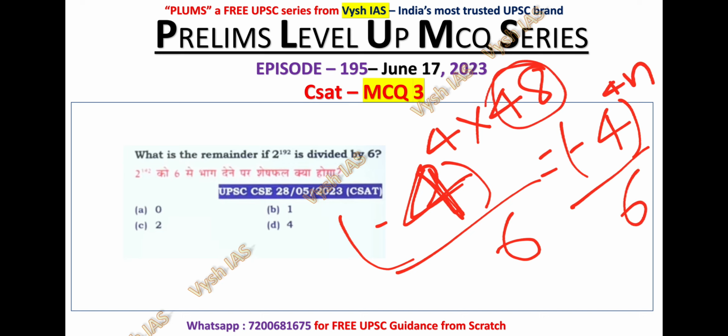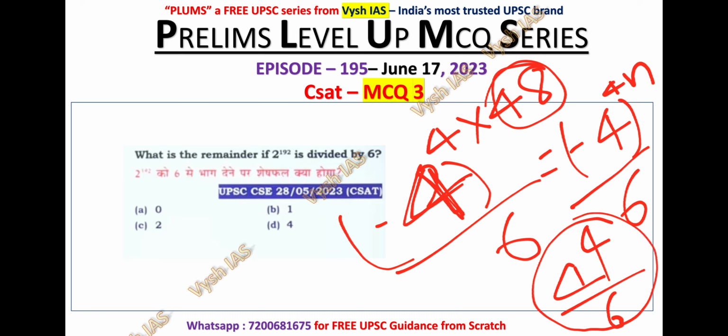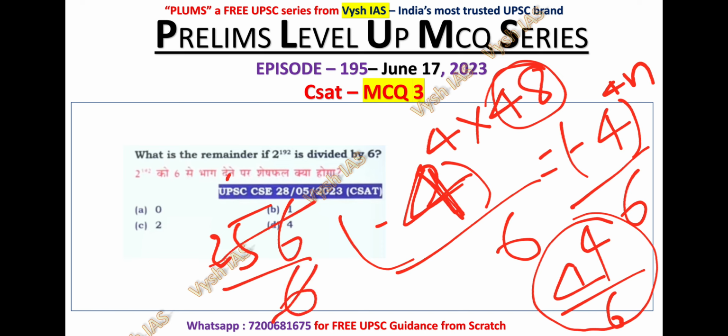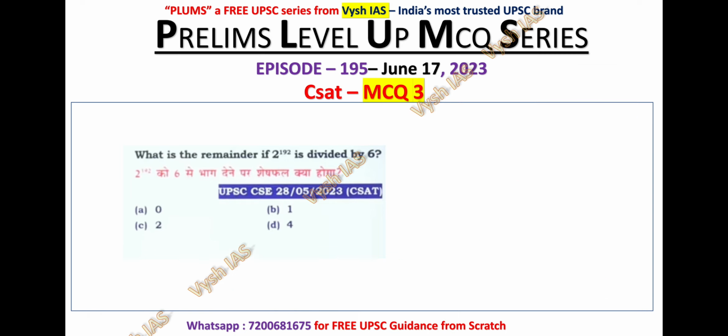Whether you take 1 or 2 or 3 or any number in the place of n, the remainder will be the same. So we have to find the remainder of 4 power 4 by 6. 4 power 4 is nothing but 256. 256 by 6: 6 4s are 24, 6 2s are 12, and 4 will be the remainder. So 4 is the correct answer for MCQ number 3.